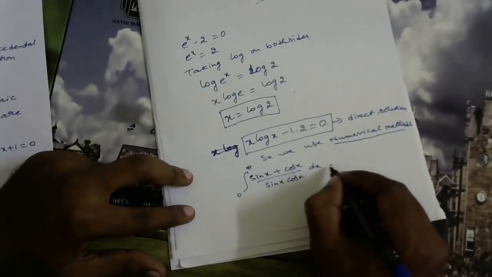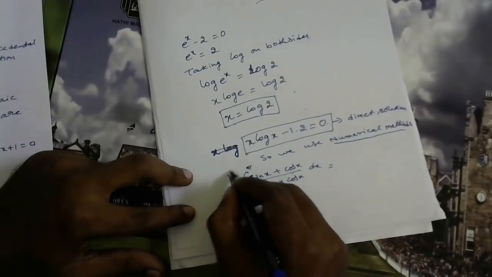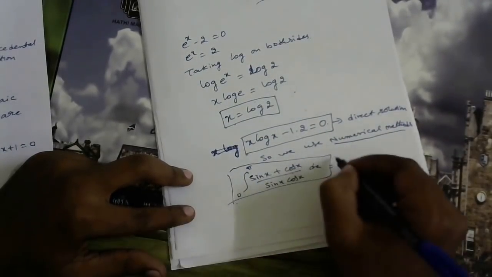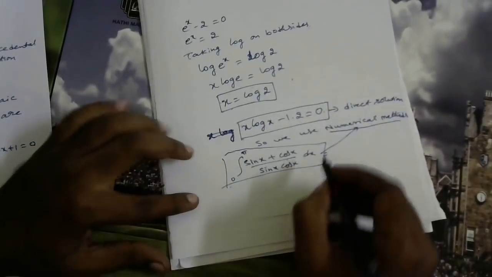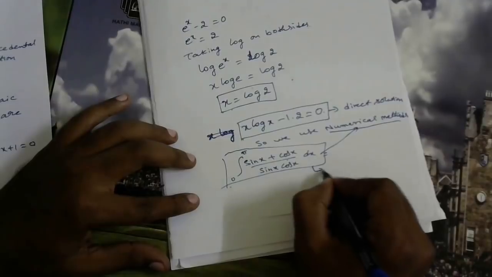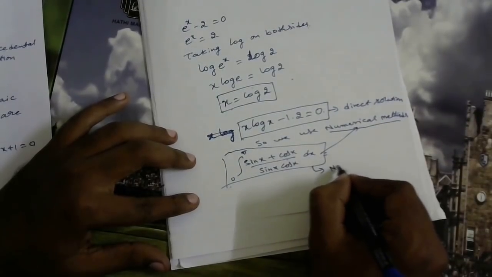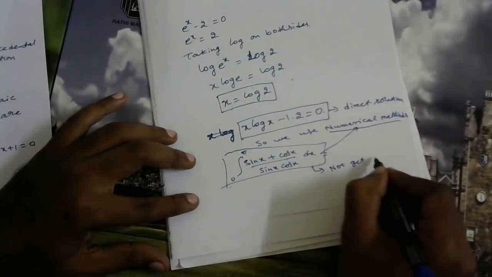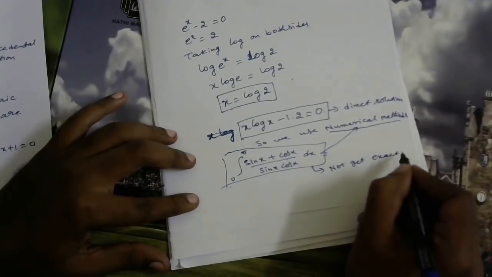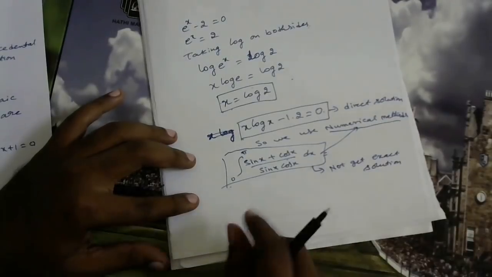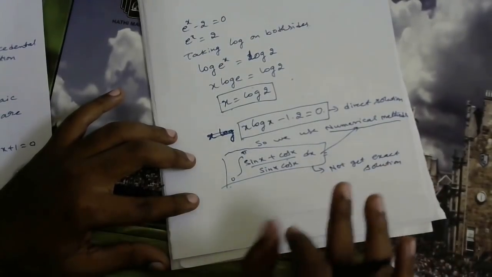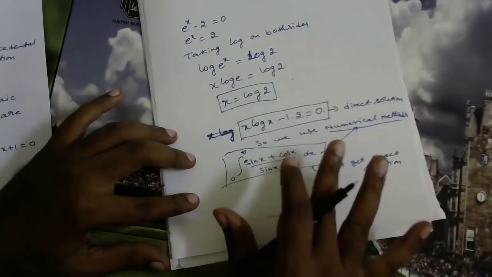We can't find the solution easily, so at that time you can use numerical methods to find the solution, but you will not get an exact solution; approximately you get the solution for these problems.